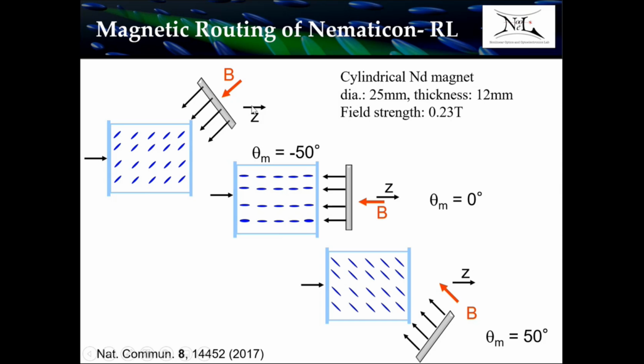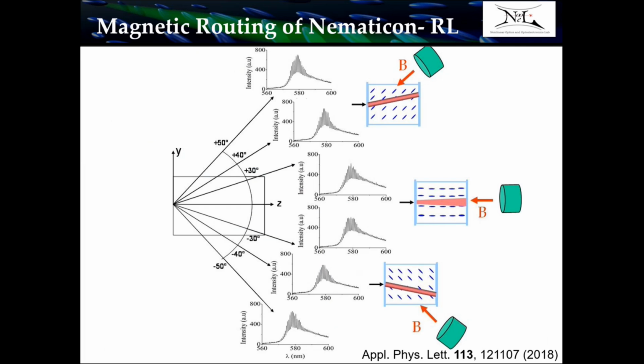Reorienting the molecules corresponds to changing the layout of the optic axis. Changing the position of the optic axis, I can affect the walk-off. And so by moving my external magnetic field from this position at the top to this other position at the bottom, I reorient the molecules and change the walk-off, so changing the direction of the soliton, and thereby the direction of propagation of the emitted laser light.